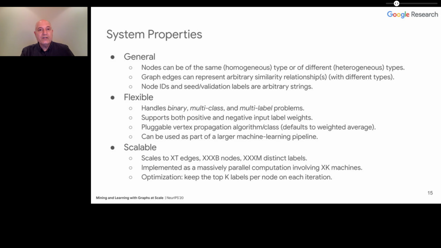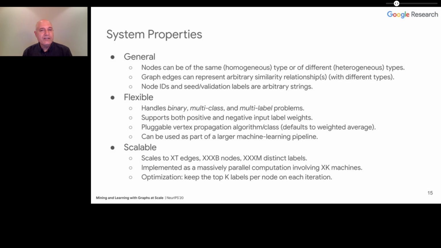The similarity relationships represented by the graph edges can be of different types as well, so long as we adhere to the idea that similar nodes connected by an edge should have similar labels. And the way that we identify the nodes and the labels themselves are just arbitrary strings, so that's very general as well. As I've hinted, we can handle binary, multi-class, and multi-label situations.